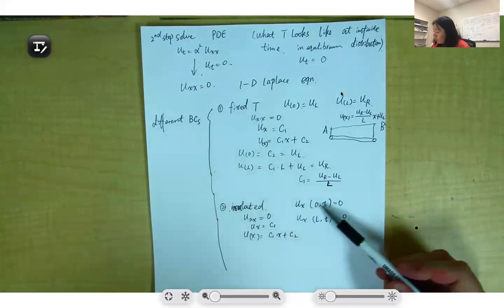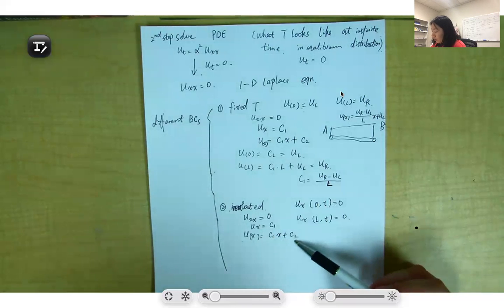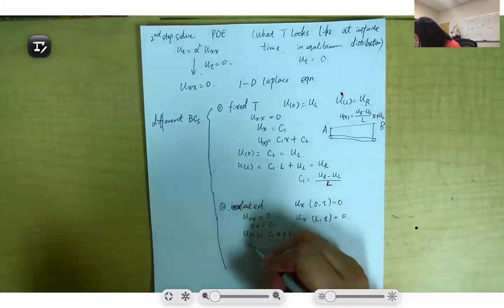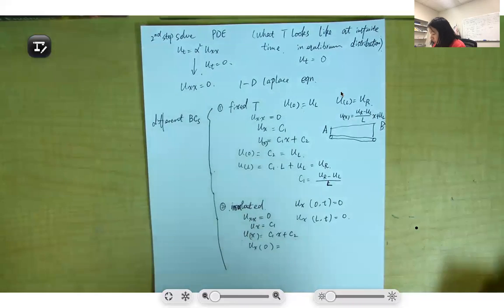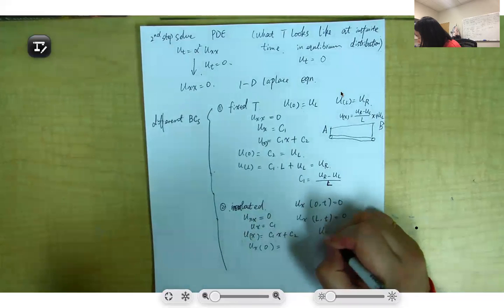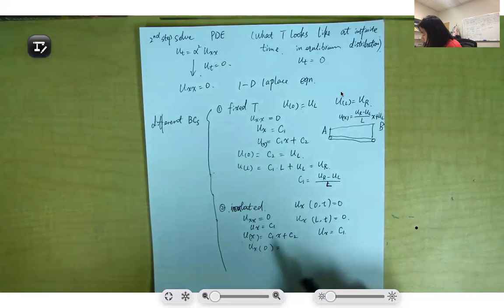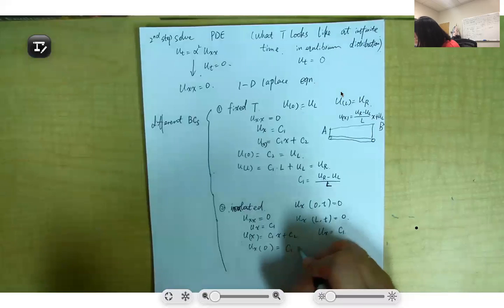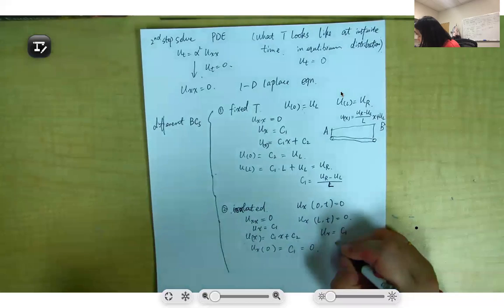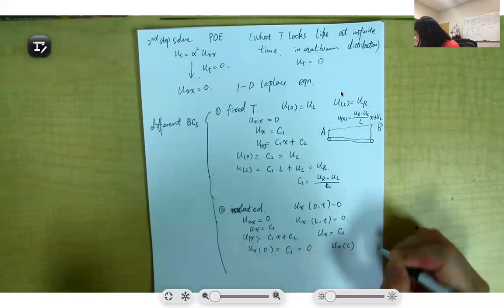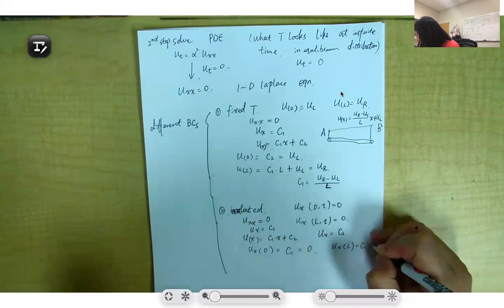Let's put those boundary conditions in to get what C1 and C2 are. So Ux should be equal to C1, right? So Ux at 0 equals C1 equals 0. And Ux at L equals C1, which is 0.